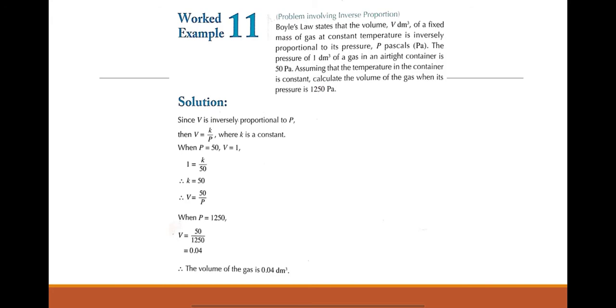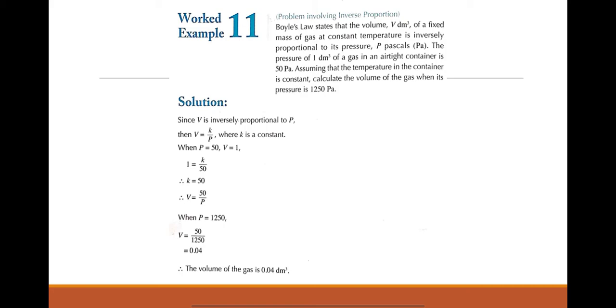Okay. Now, a problem involving inverse proportion. So, yeah, you can read the question by yourself, but don't be confused by this kind of complex, advanced question. The important thing to note here is that it says V is inversely proportional to P. That's why we write V equals K over P. So the role of V and P here is to replace y and x, right?